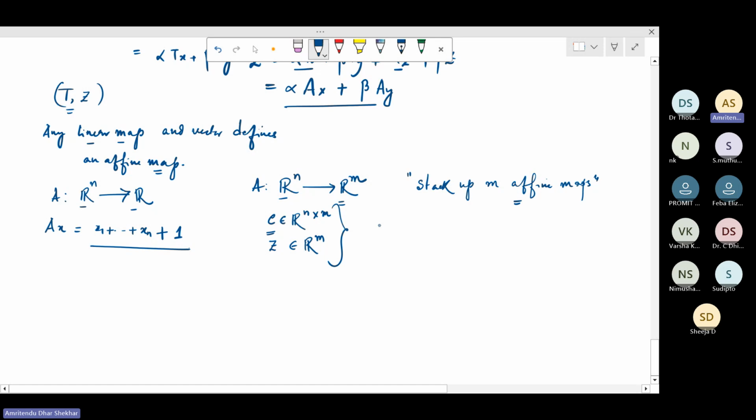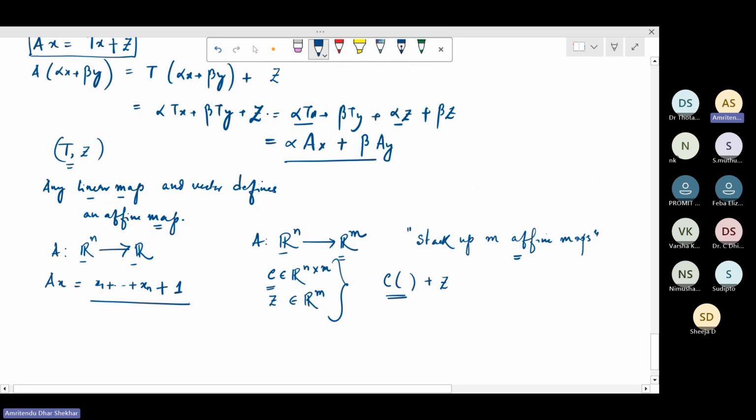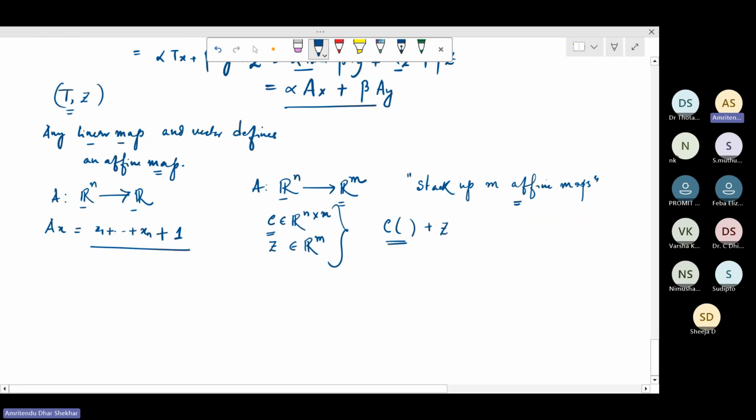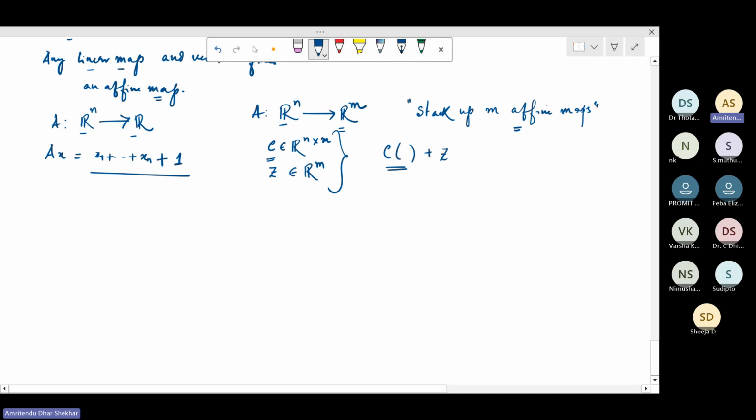Then this map is going to be an affine map from Rn to Rm. Okay. So let me now give some questions on affine maps, which you can try.